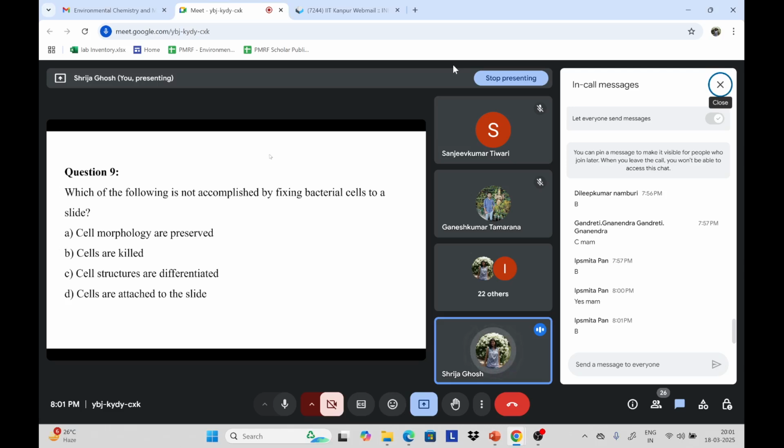Which of the following is not accomplished? Okay, pay attention to the question. What does not happen when you fix the cell?